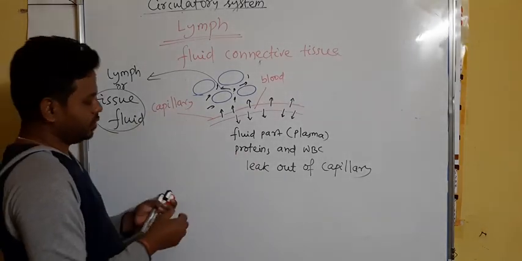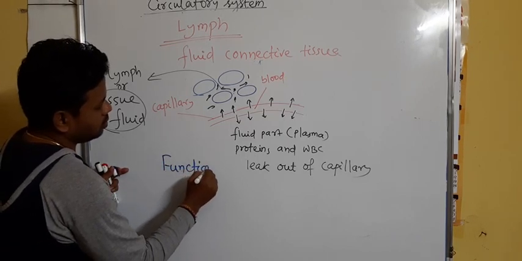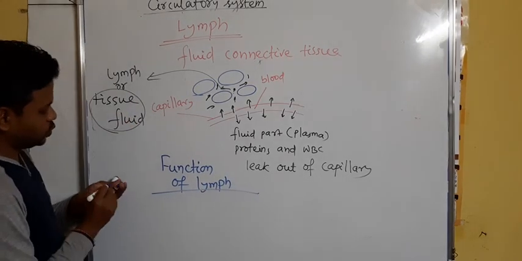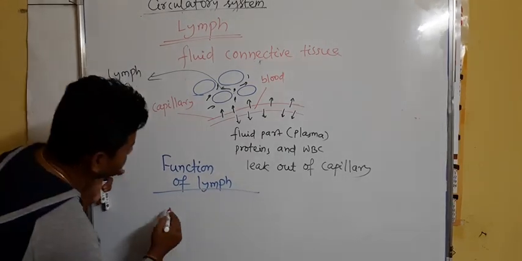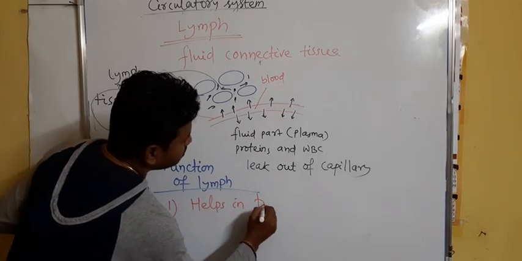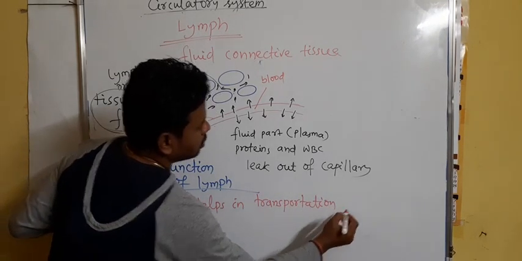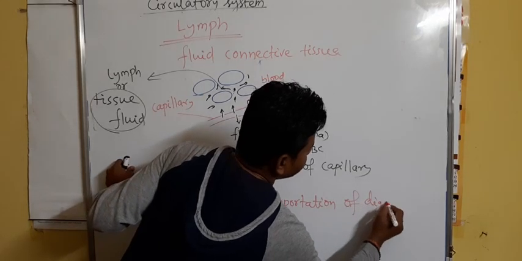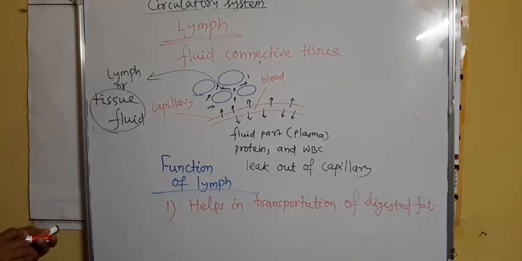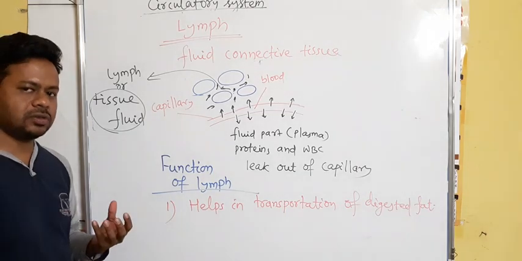Then what is the function of this lymph? Functions of lymph. Lymph has two main functions. The first function is that it helps in transportation of digested fat. You know that in the intestine the fat is broken down into fatty acids and glycerol.